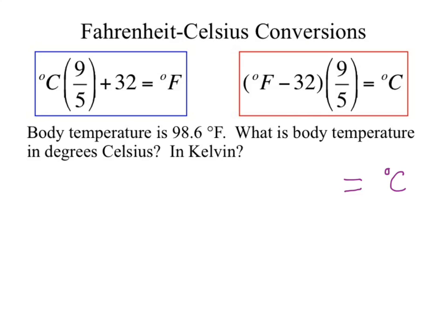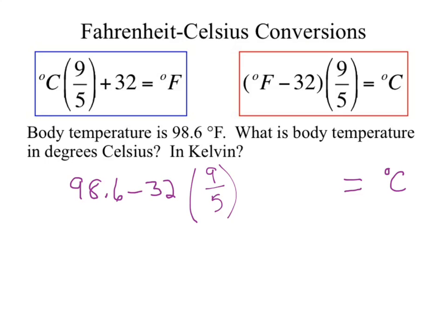It says to start with our degrees Fahrenheit, so 98.6 minus 32 times 9 over 5. I have intentionally written it out like this. Those of you that have taken more strict mathematics classes might be cringing right now. What's the problem with how I've got this written? If you enter it into the calculator like this, you are not going to calculate the quantity 98.6 minus 32 times 9 over 5.